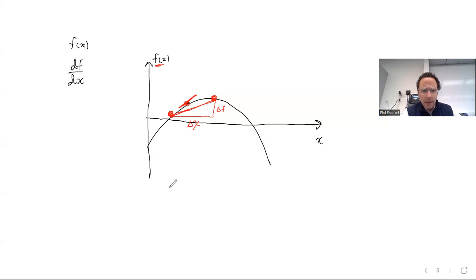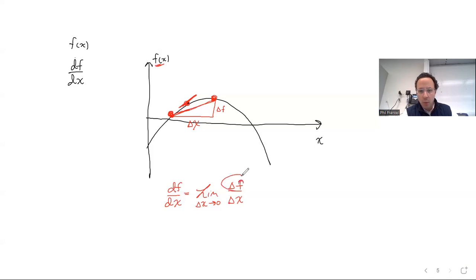So I could say that df dx is the limit as delta x approaches 0 of delta f over delta x.